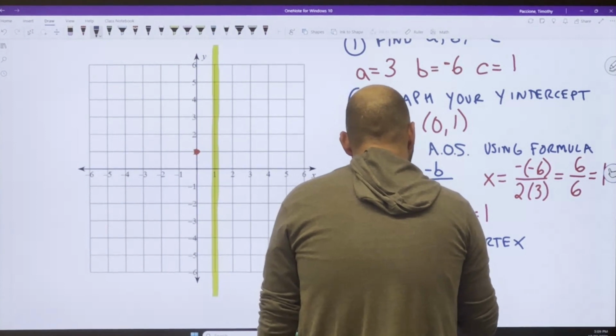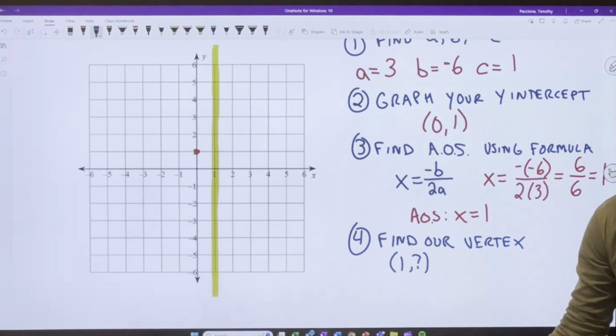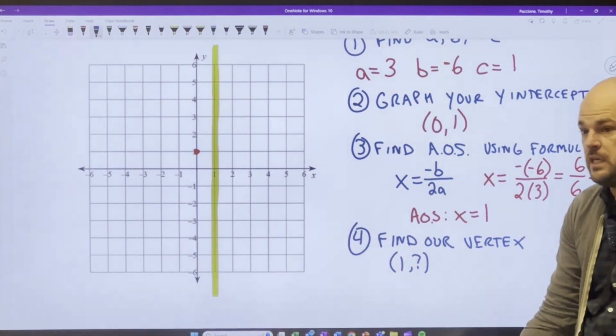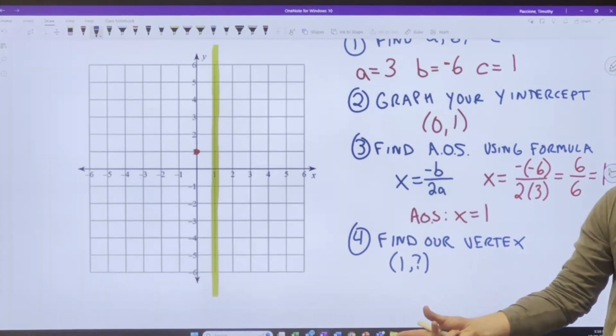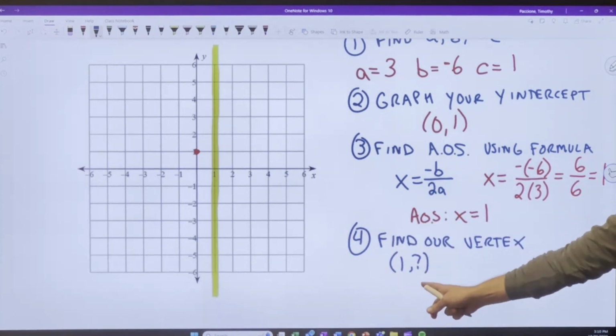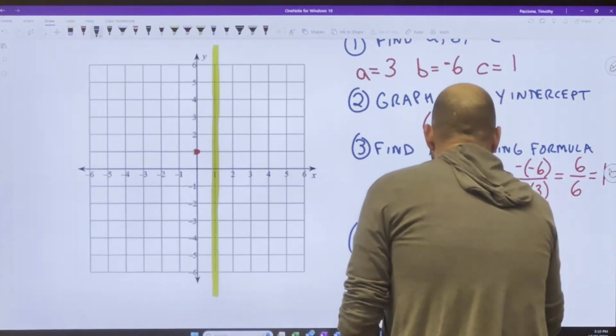When we knew an x and we didn't know a y, what did we do? Like when you know an x, you've got a function, you need to find the y, what? Well, you can make a table if you need to find a bunch of points, but if you're just trying to find one, just plug it in. So we plug it in.